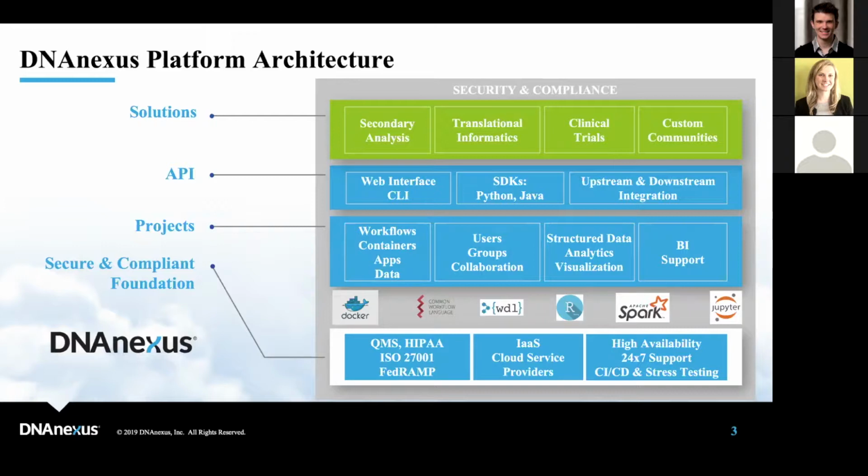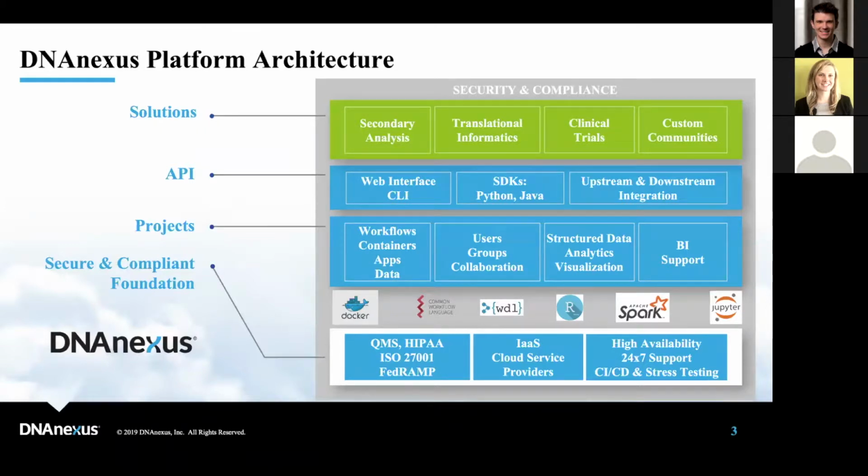On top of the projects layer, we have a single layer of API that enables a user to interact with the platform. There are three basic ways you can interact with the platform. You can use the user interface, which we'll be covering extensively in this demo. You can use the command line interface.